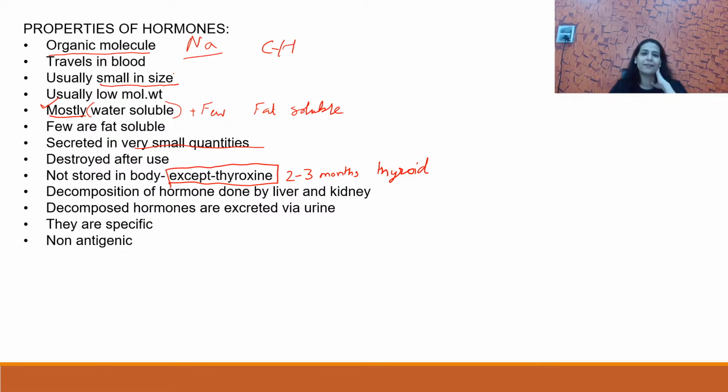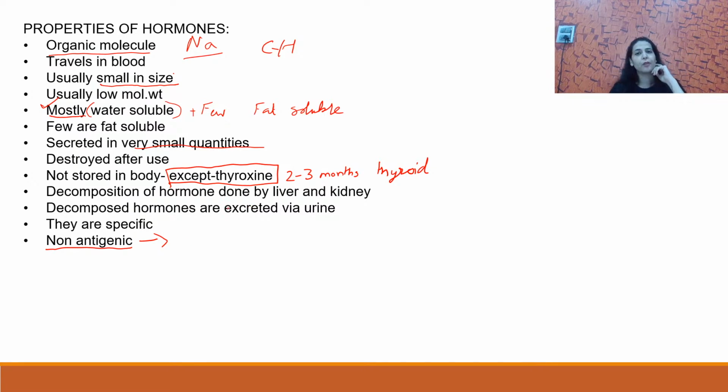They are non-antigenic. Now, this word non-antigenic is very, very important. Why? Because by non-antigenic, we mean that a hormone from one animal can be given to another animal. They do not have antigenic property. Hormones do not form antibodies in our body. An antigen is a substance that, when induced in someone's body, will produce antibody.